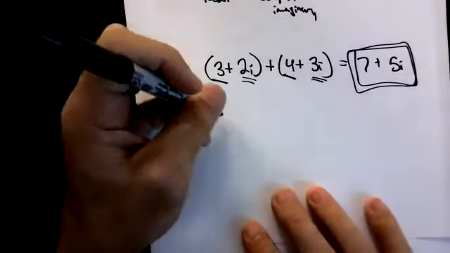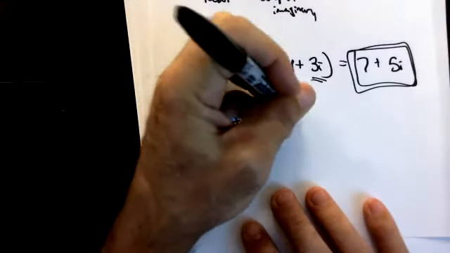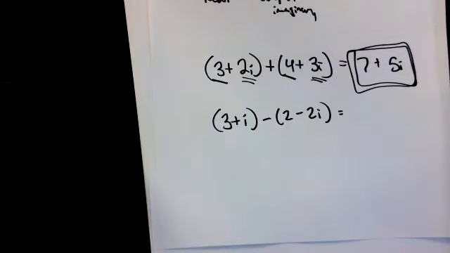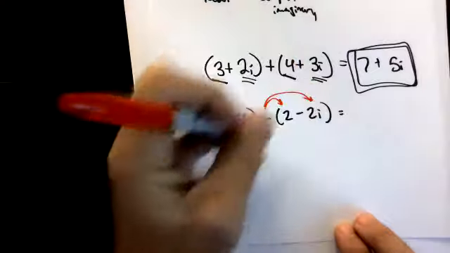Likewise, they could ask you to subtract. So if I had 3 plus 1i minus 2 minus 2i. Okay, again, just like any and all algebra classes, subtraction is adding the opposite. If you are subtracting a quantity, make sure you distribute that negative.